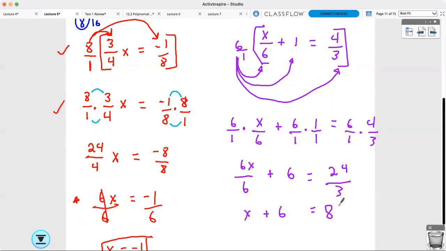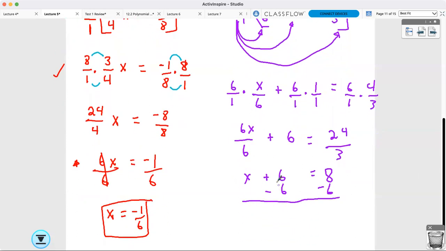Now to get the solution, class, what do we do to get x by itself? We subtract 6. So then that cancels out. So x equals 2. And we're done.